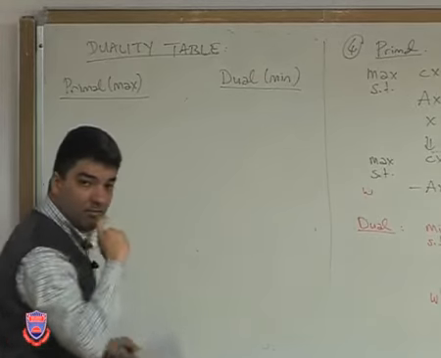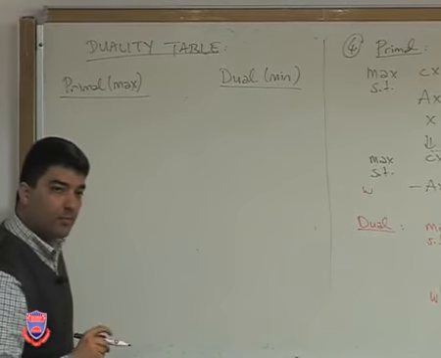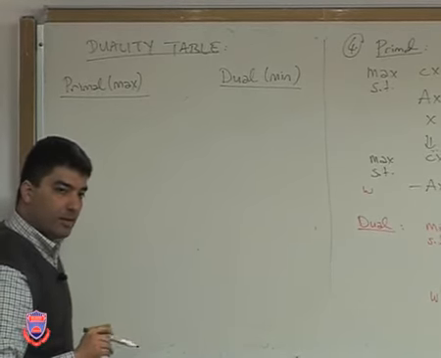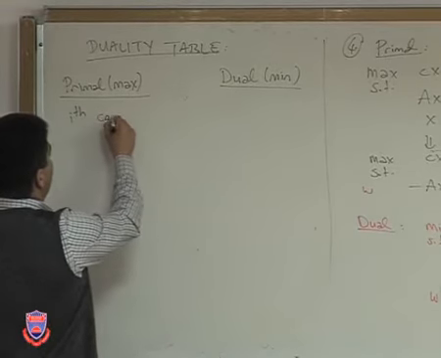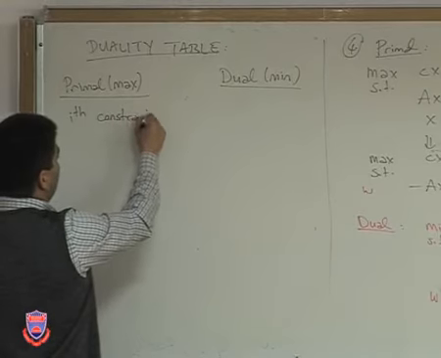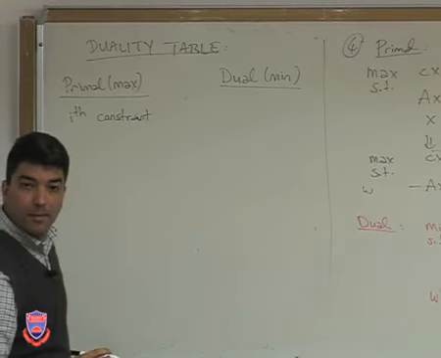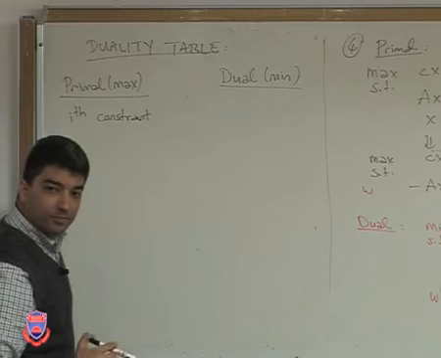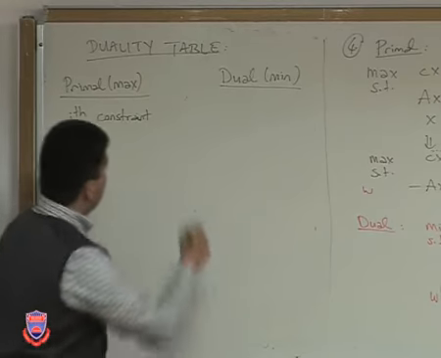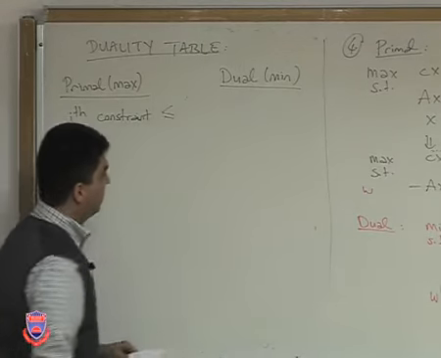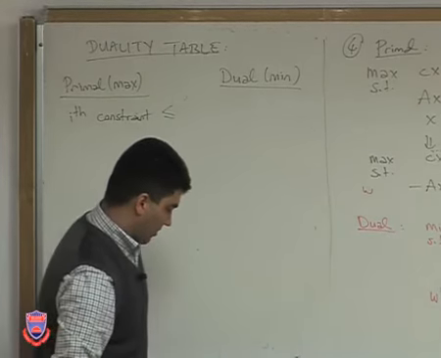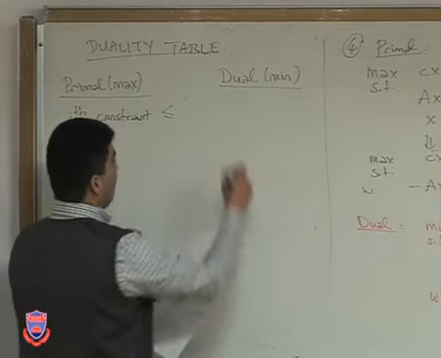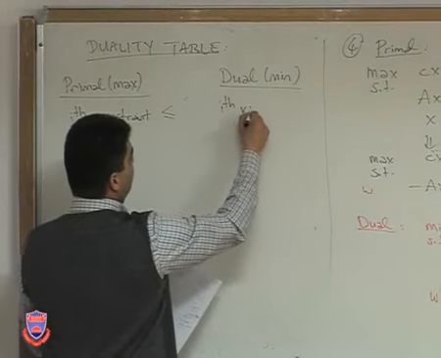So in the primal problem, if the ith constraint is a less than or equal to constraint, okay, then the ith dual variable is non-negative.